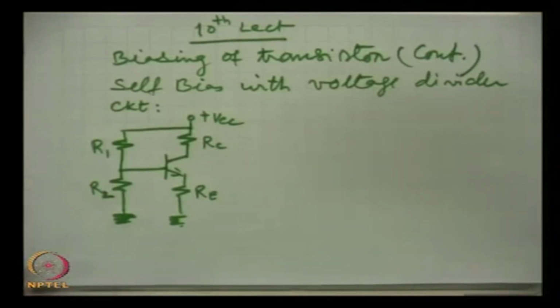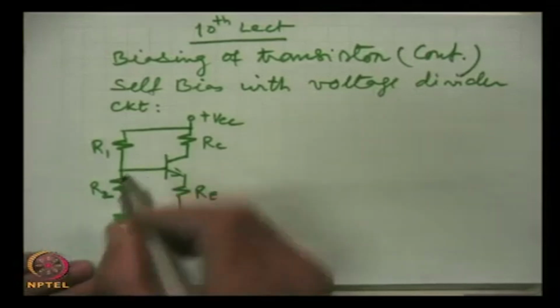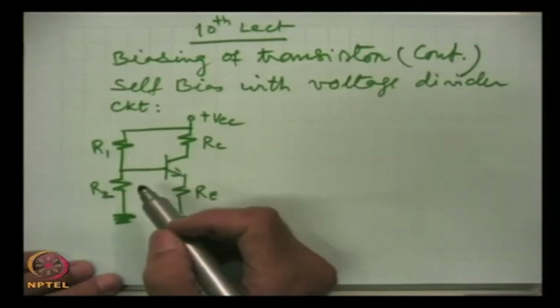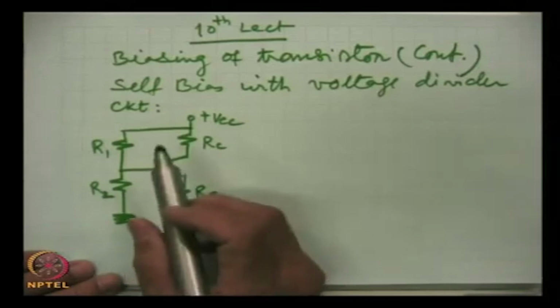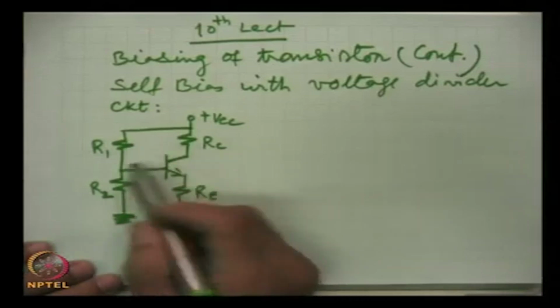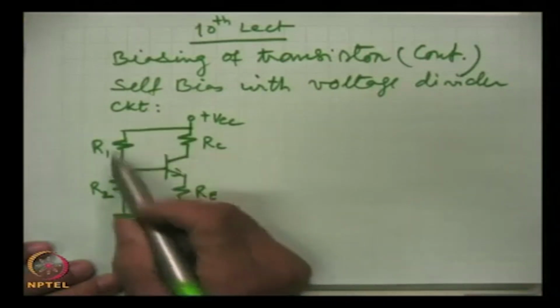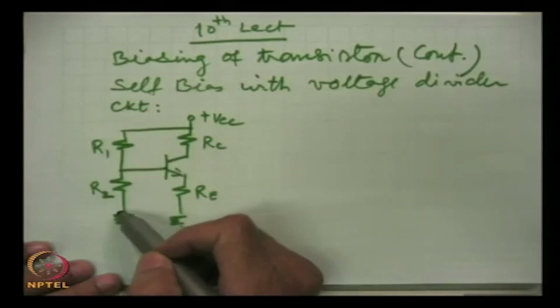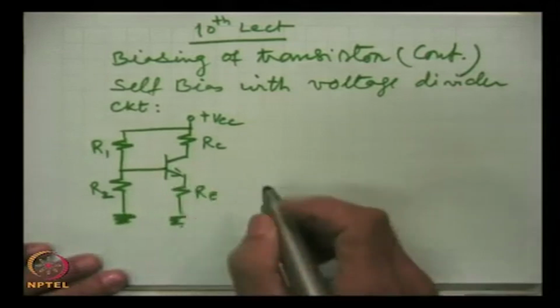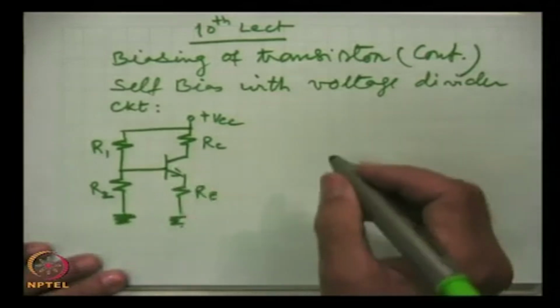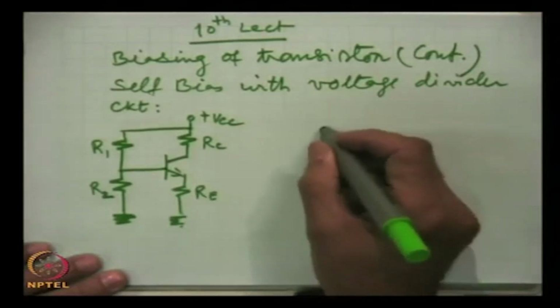Now, this circuit can be Theveninized. The single resistance RB has been replaced by two resistances R1 and R2. So, this can be Theveninized, and the Theveninized equivalent circuit is this.